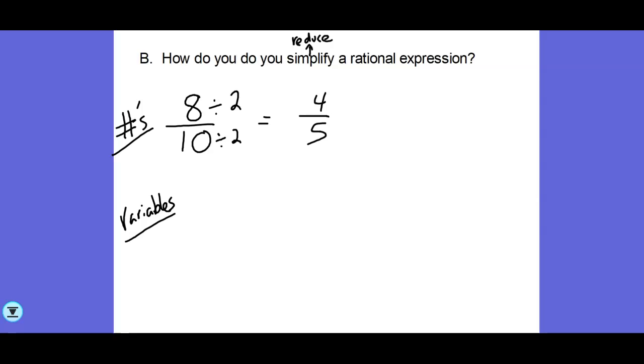Well, let's say I had x to the 3rd over x to the 7th. Now, the long way to go about this would be to realize that x to the 3rd means you have 3 x's being multiplied together, and x to the 7th means you have 7 x's being multiplied together.